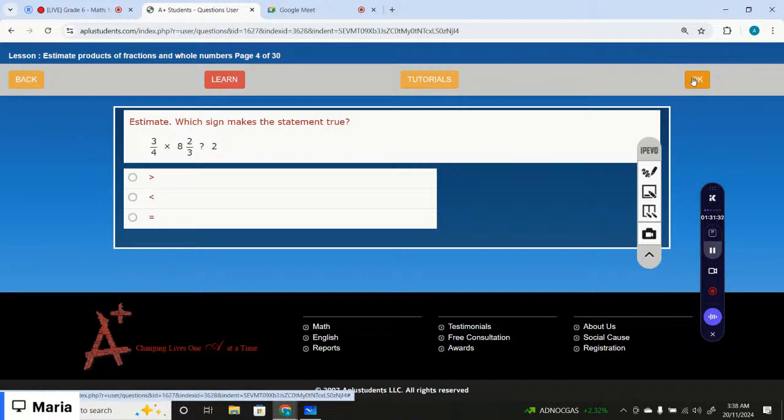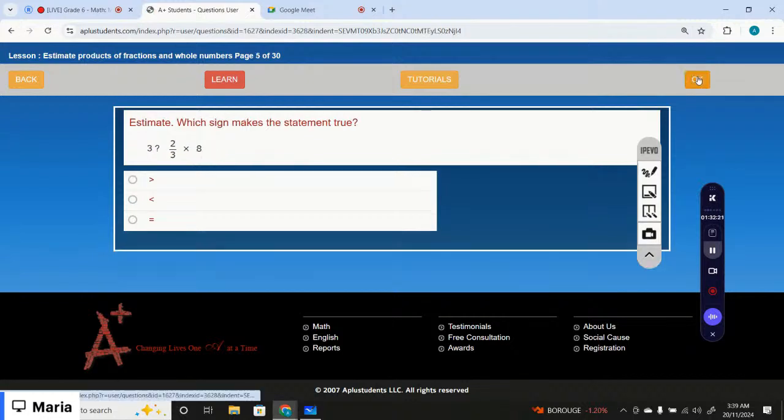So, which is the correct option? Option number 1 is the correct option. Greater it is, right? Very good.